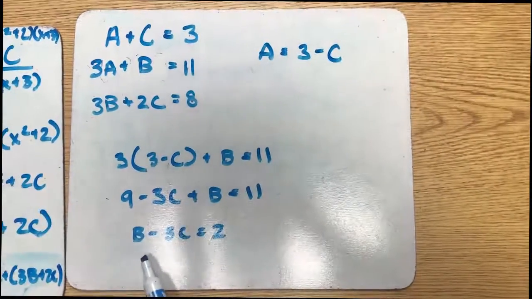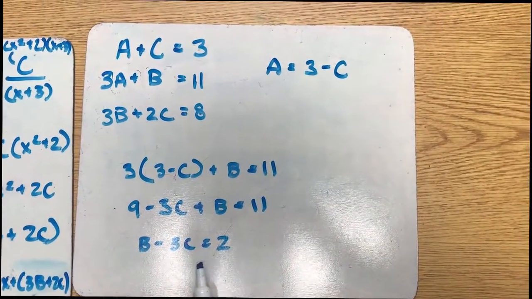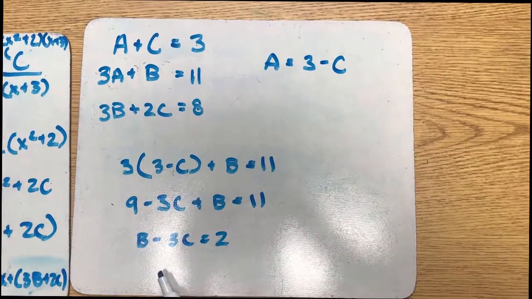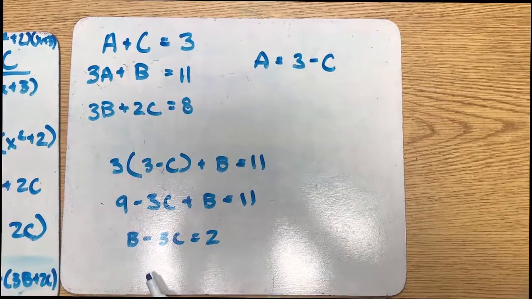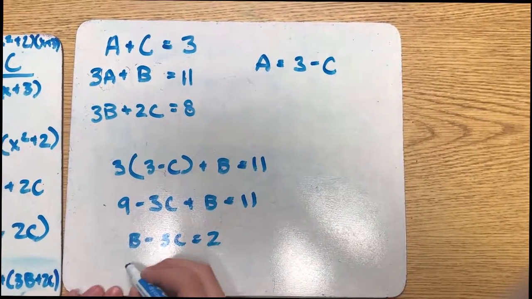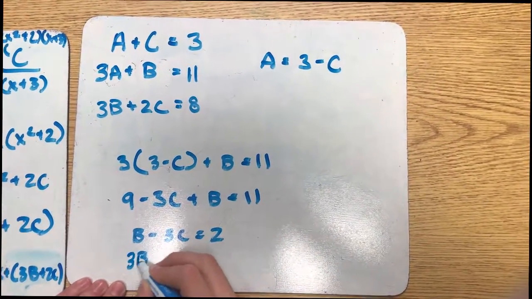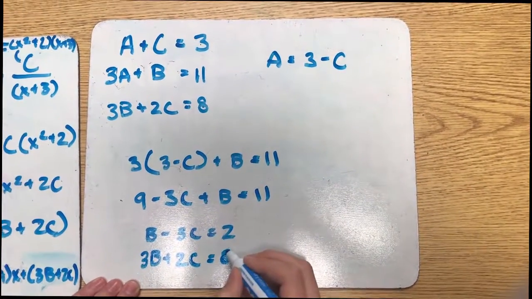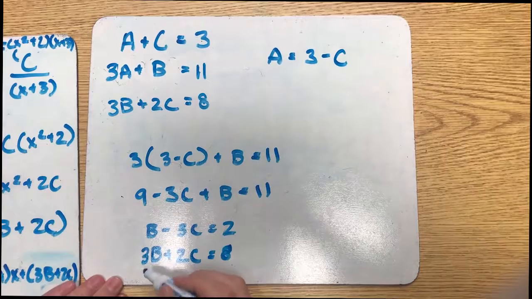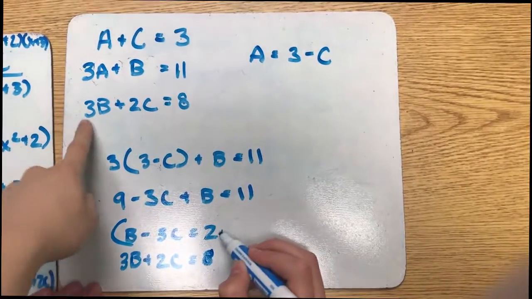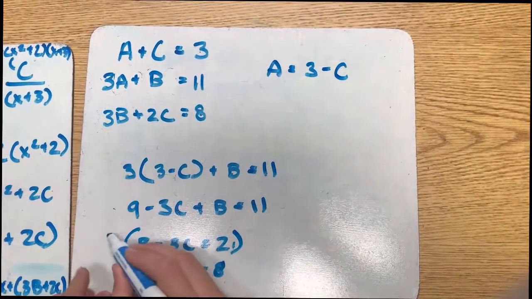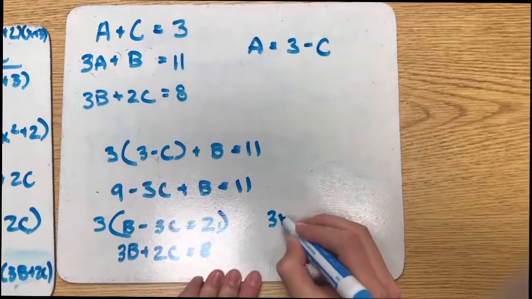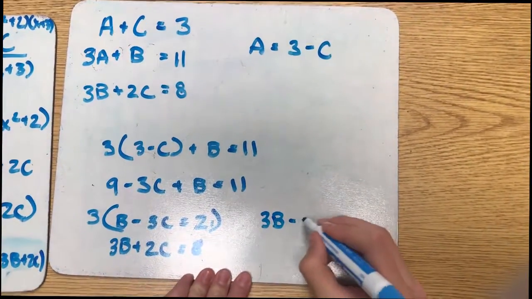Finally, we are going to move the 9 to the other side and make the equation neater, equaling b minus 3c equal to 2. Then we're going to put this in down here, and then we're going to multiply the entire top thing by 3, so we can get ready to eliminate.